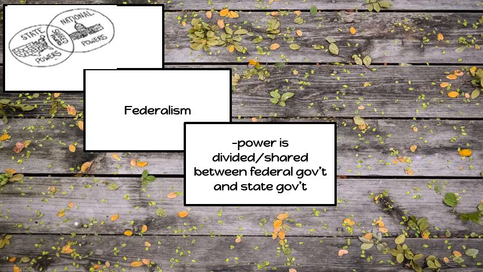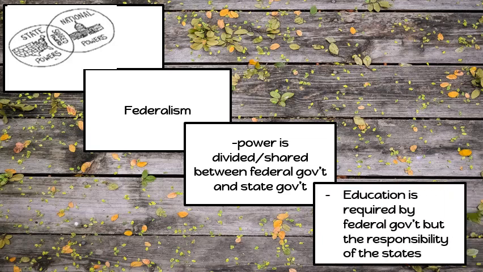Okay, so it's that relationship between the federal government, and when I say federal, I mean national or central, and the state level government. So here's our example. Education is required by the federal government. The federal government says you must provide some sort of public education, but the state level government gets to decide what that looks like, and it's the responsibility of the states to implement that education system.